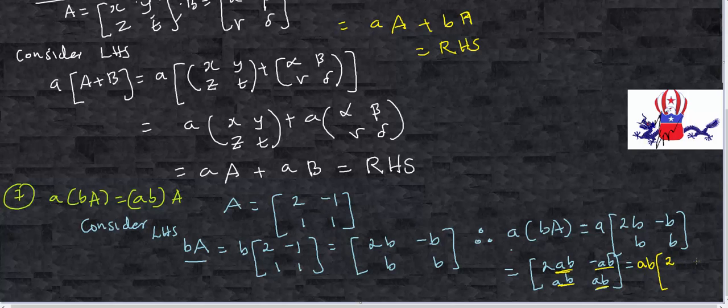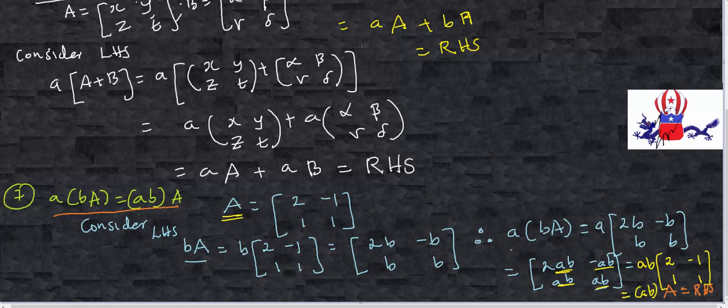That would be 2, -1, 1, and 1. What is this actually? This is nothing but our matrix A with which we started. So this is equal to AB times the matrix A, that is equal to the right hand side. So that is the understanding of this property.